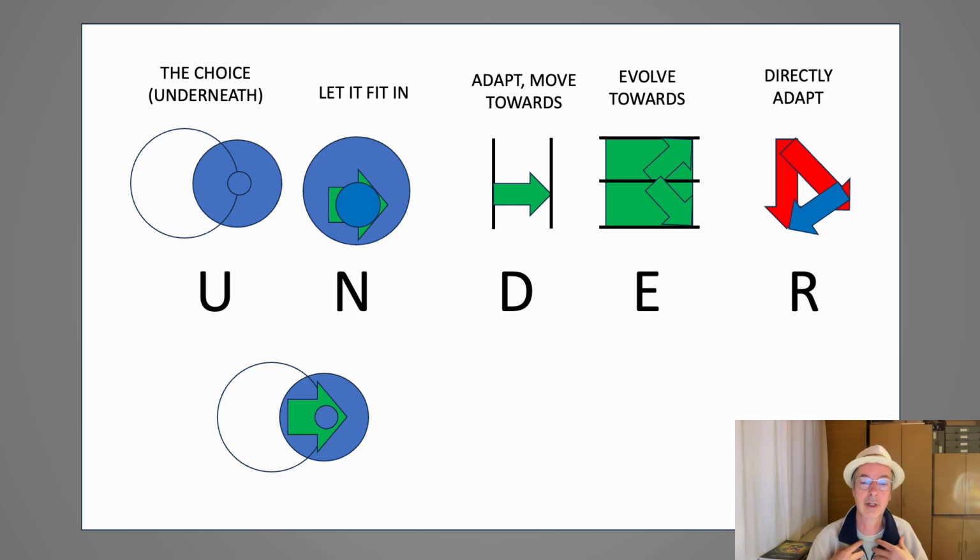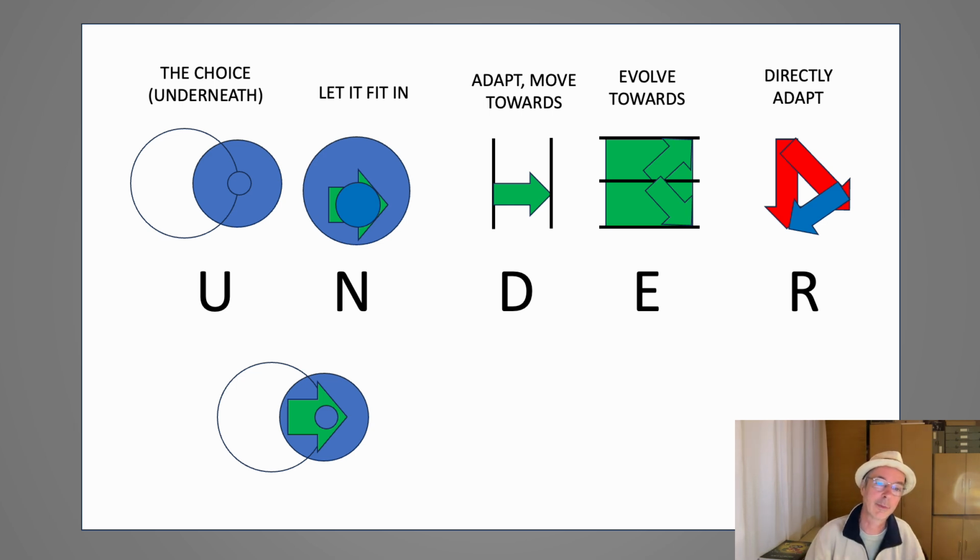It's what is my choice underneath. That's a little bit more complex compared to the other letters, but that's what it basically is, and that I have to go to a place where I have to apply it, so where I have to fit it in. The D is there, I have to move it somewhere or I have to adapt it.